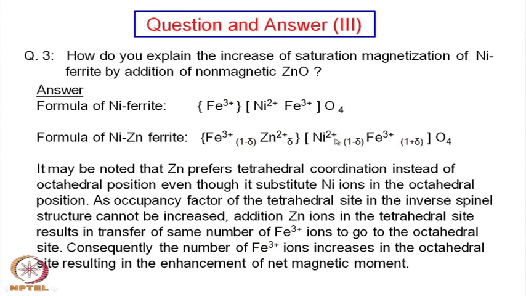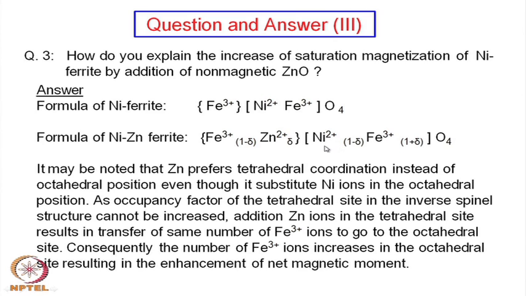And this of course is less than 1, but this compensates this loss, and as a result you get an enhancement in the magnetization or magnetic moment because of this particular situation where zinc does not go into the octahedral side, although it is substituting an octahedral ion.